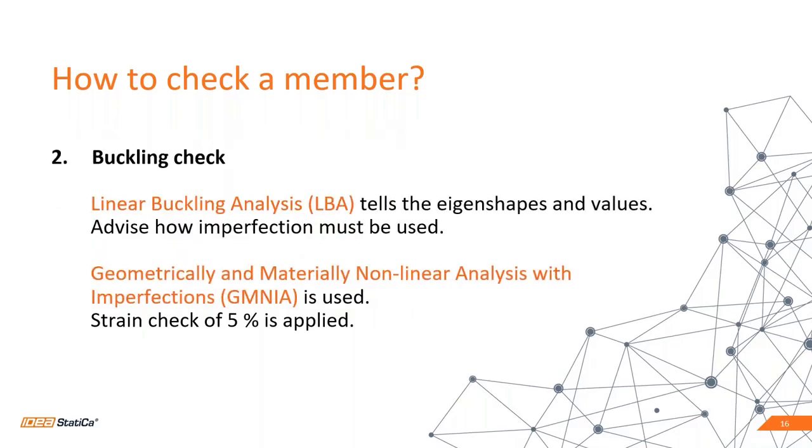Once we want to check the buckling issues, we need to see the eigenshapes and the corresponding critical force factors. And once we have this information, which we get from the linear buckling analysis, we can decide which eigenshapes are the dangerous ones for the structural member, and we will apply some imperfection on these eigenshapes.